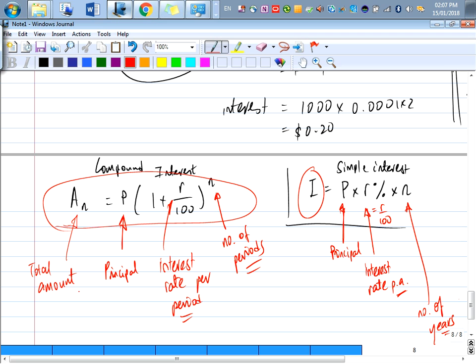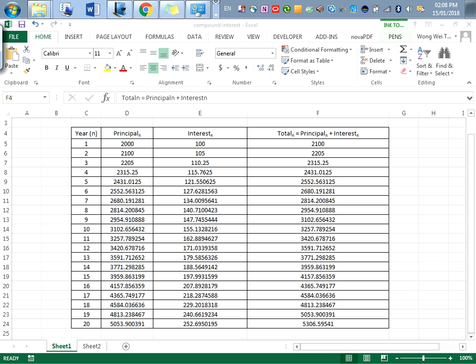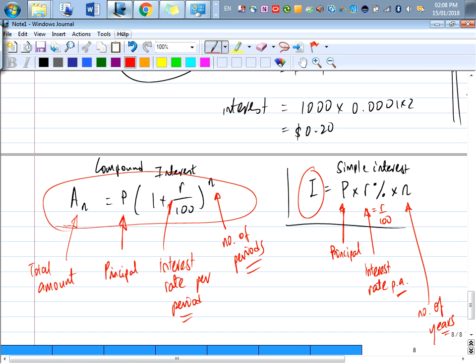This is the total amount, AN. What is total amount? Do you remember our Excel sheet? That total amount over here. You take your principal plus the interest, you get a total. So this is the total amount AN.